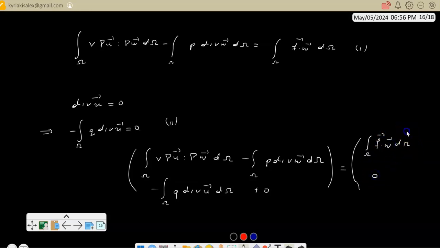And here we have zeros. If we discretize this problem with finite elements, here we have the matrix A, which corresponds to this bit, B transpose, which corresponds to this bit, B, the matrix that corresponds to this integral, and 0. And here this is the right hand side f.